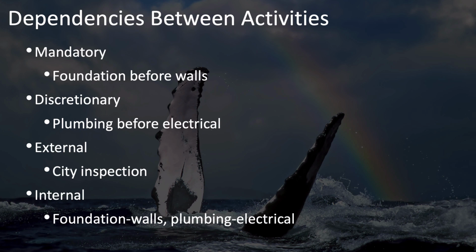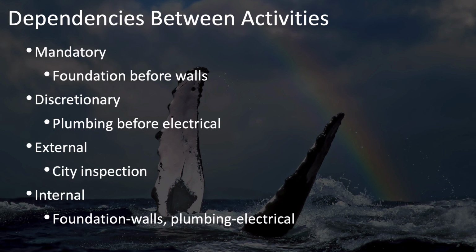In addition to being categorized as either mandatory or discretionary, dependencies between activities can also be categorized as either internal or external. An external dependency would be a dependency on something outside the scope and control of the project team, such as the need for the city inspector to come in and inspect the work that you've been doing.